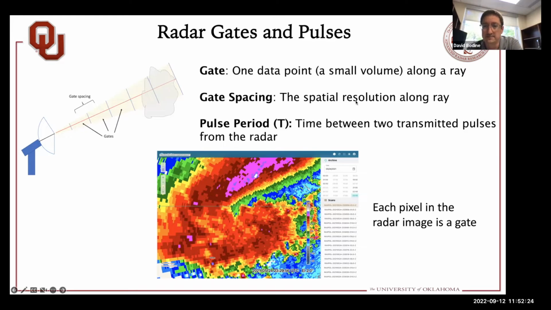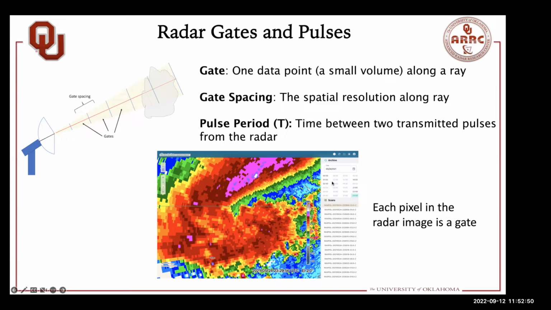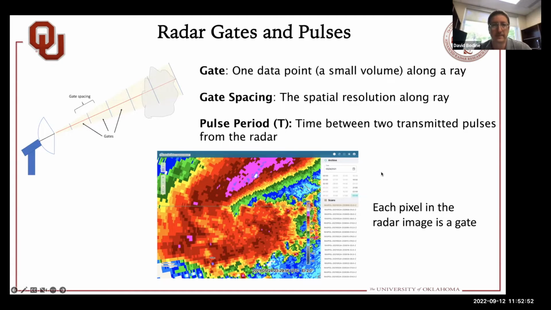So the spatial resolution along the ray is defined as our gate spacing, with common values between 30 meters and 250 meters, depending on the length of the pulse. There's also the pulse period, the time between two pulses that the radar transmits. It's usually about 1 millisecond, so commonly the radar transmits 1,000 pulses per second.